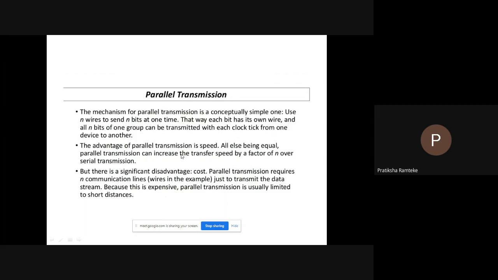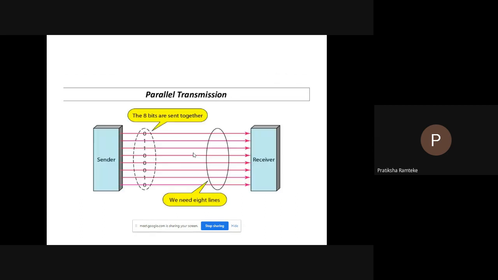The advantage of parallel transmission is that its speed is fast as compared to serial transmission. Parallel transmission can increase the transfer speed by a factor of n over serial transmission.